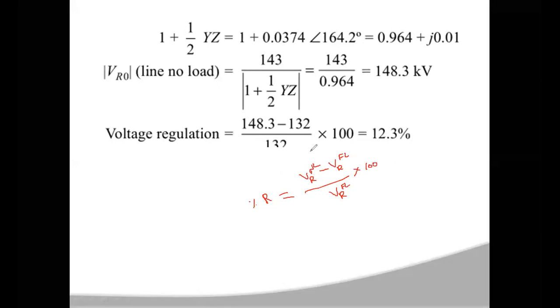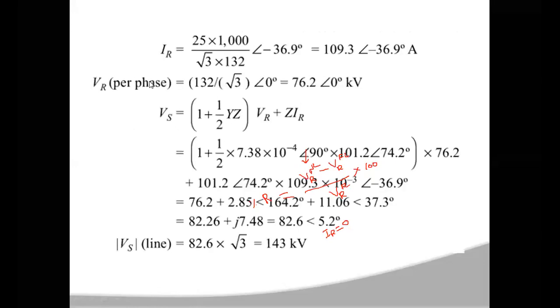Okay. So then what is this VR under no load condition? Under no load condition, the IR value will become equal to 0. Now if you go to the previous slide, from this sending end voltage equation, this is under full load, right?